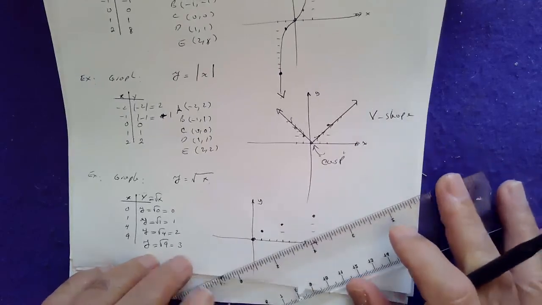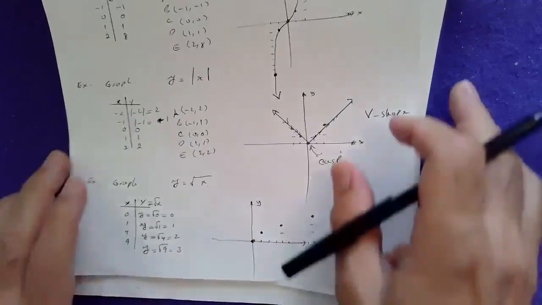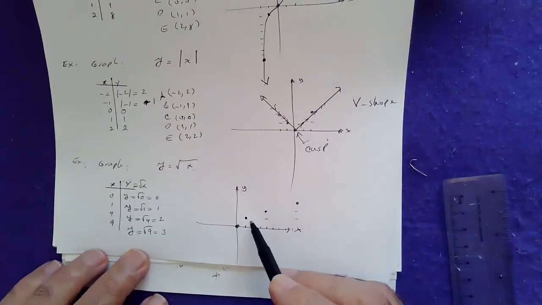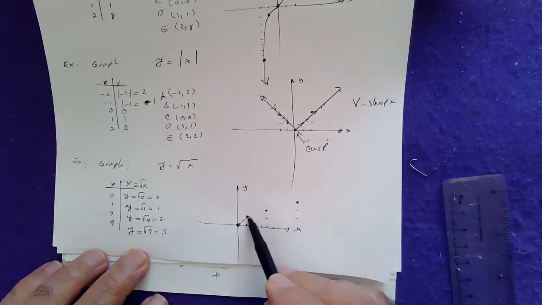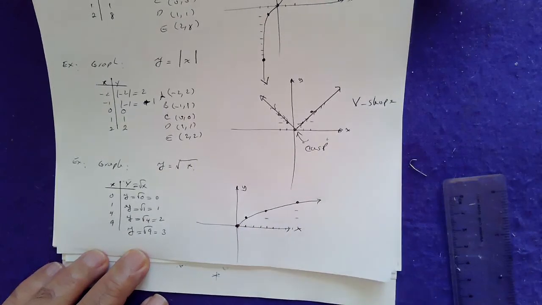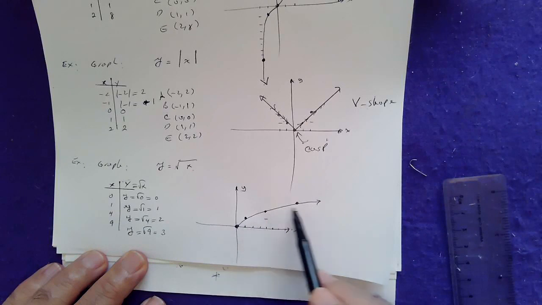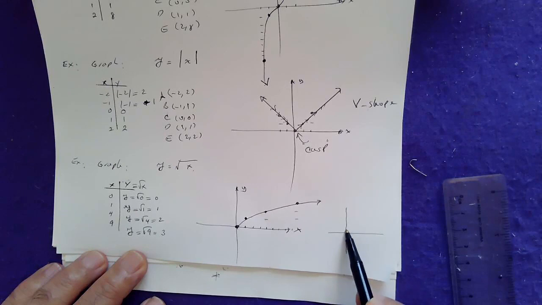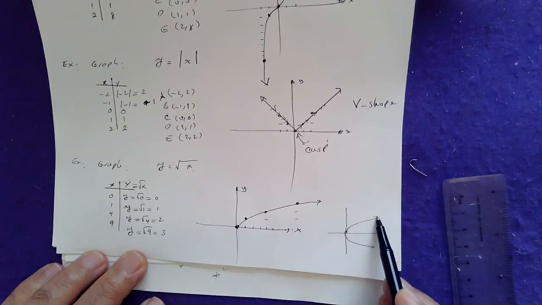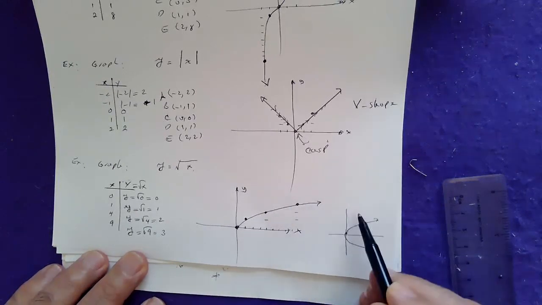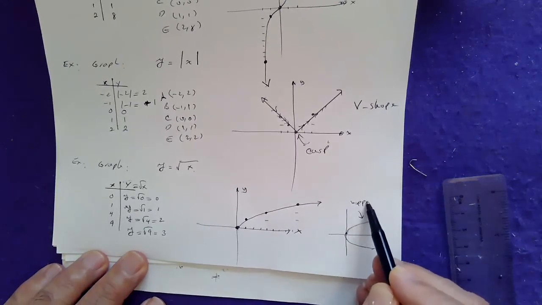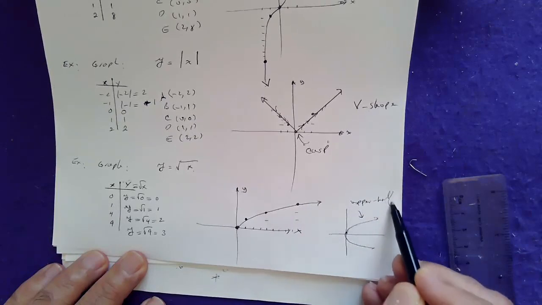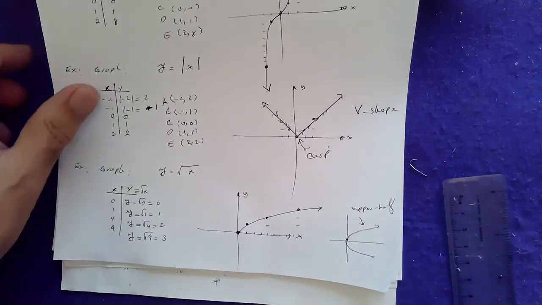So you can imagine the graph is not a line, but a curve. So if you carefully connect the dots, you get this. So the graph is like a U shape which opens upwards, and it's the upper half of a U shape. So imagine you have this kind of graph, a U shape which opens to the right side, but you're only getting the upper half. And that's how the graph of that guy looks.